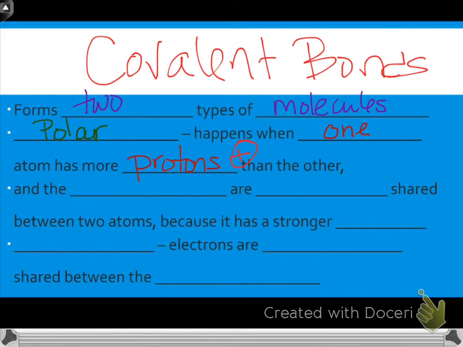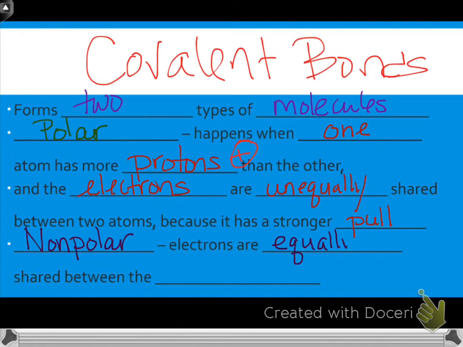Then the other end, the electrons are unequally shared between the two atoms because it has a stronger pull. If one has more protons, so it has more positive charges, it might have a stronger pull. Nonpolar electrons are equally shared between the two atoms.